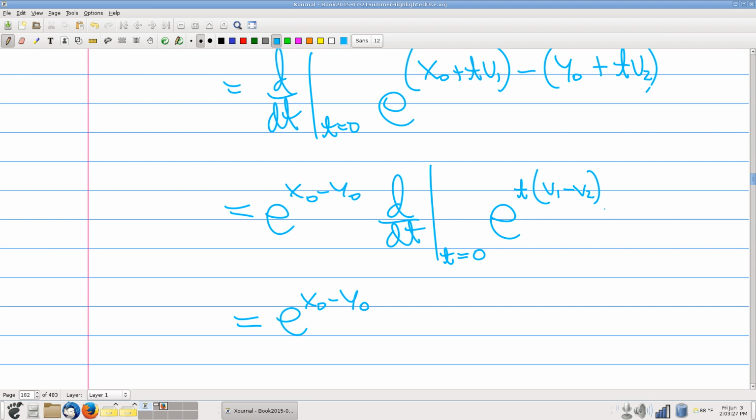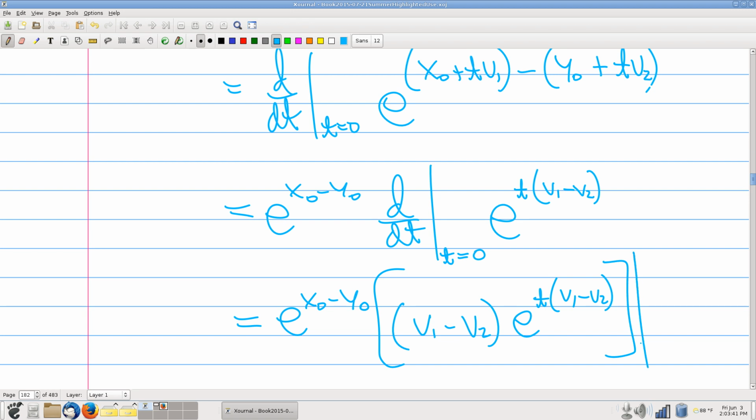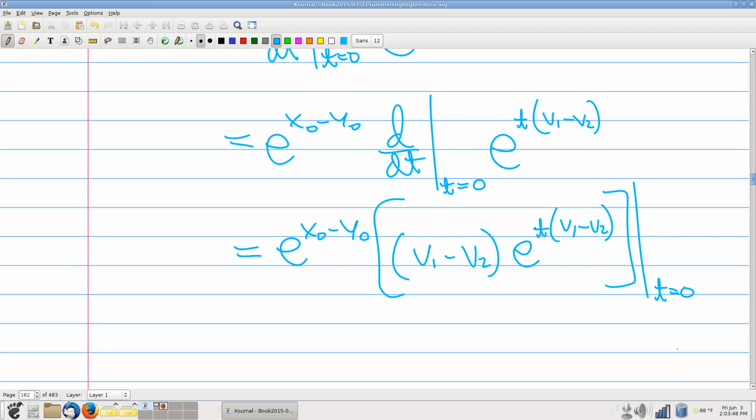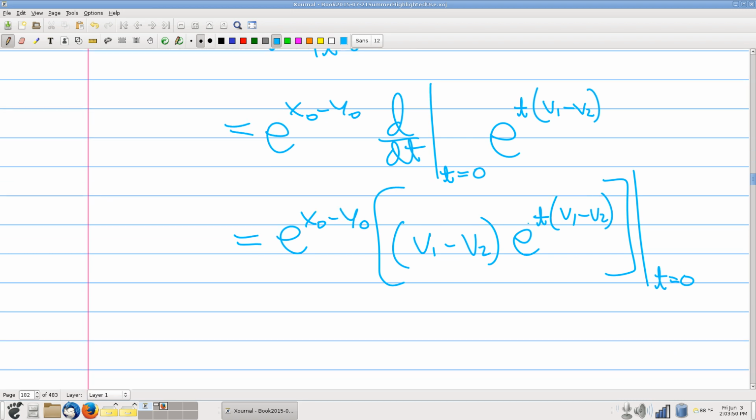So when you take the derivative, that constant comes out, and I get (v1 minus v2) times e to the t(v1 minus v2), all evaluated when t equals 0. Cool? Okay. So now we plug in t equals 0. That's fantastic, because that means I have e to the 0, which is 1. And so altogether, I have e to the x naught minus y naught, times (v1 minus v2).